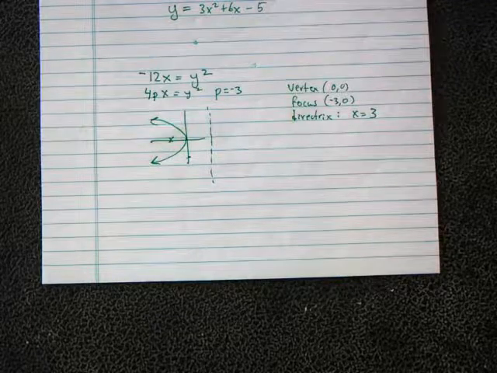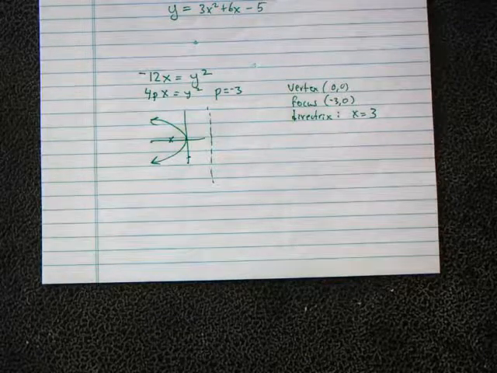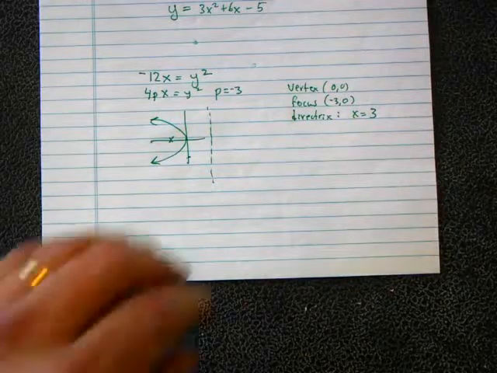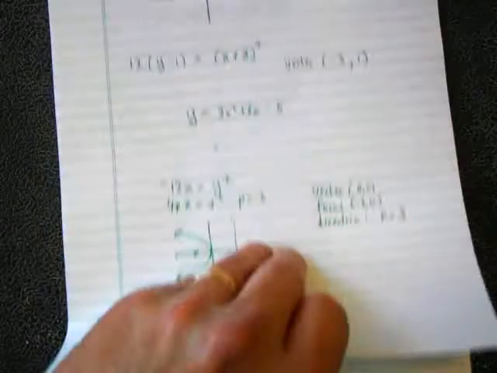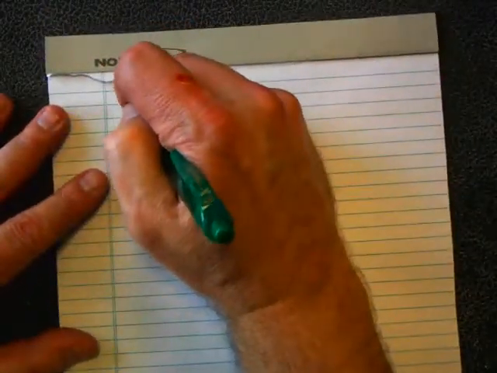Okay, so you'll have some problems like that where I give you an equation and I ask you for some information. Conversely, you might have problems where I give you information and you have to give me the equation. So we're always going to have vertex at the origin.